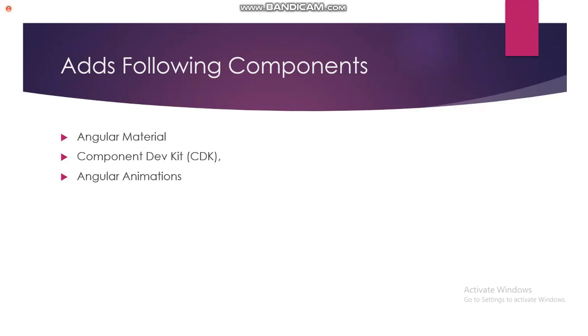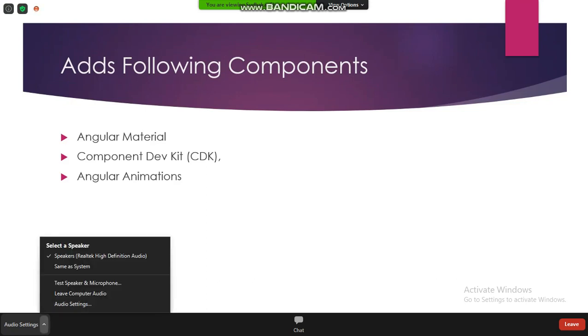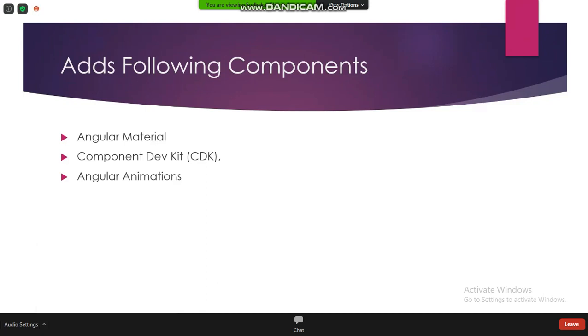Angular Material contains components, like text boxes, checkboxes, radios, and drop downs. Angular Material has these important components, and a lot of options.